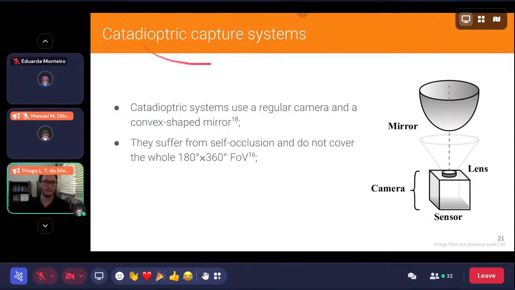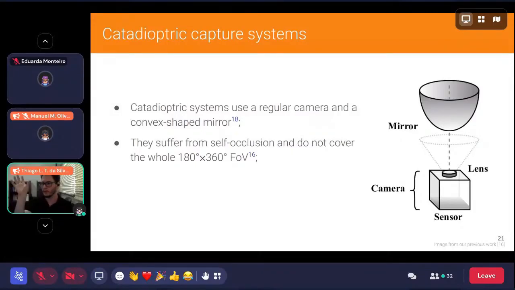One problem of this catadioptric capturing system is that it doesn't cover the full field of view. It covers the full horizontal field of view, in other words the 360-degree field of view horizontally, but it cannot cover the full 180-degree vertical field of view, because we have the mirror and also the camera.